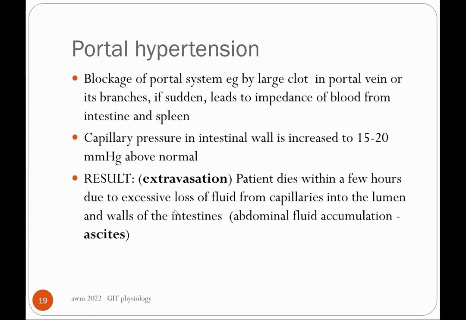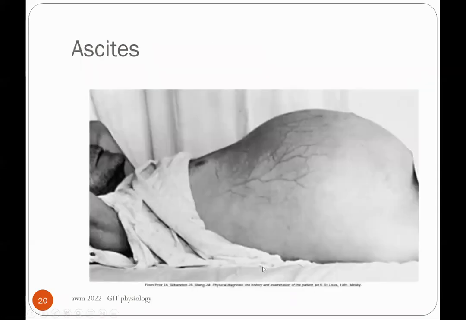And remember, capillaries are leaky, so they can contain the proteins and the other larger macromolecules, but the fluid will just flow through. So you can end up with ascites, and they end up with hypovolemia and many other complications. So portal hypertension is not a nice thing. And just for you who like pictures, this is an example of a patient with a severe case of ascites.